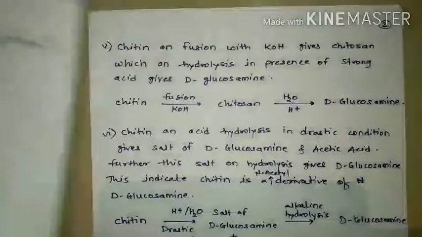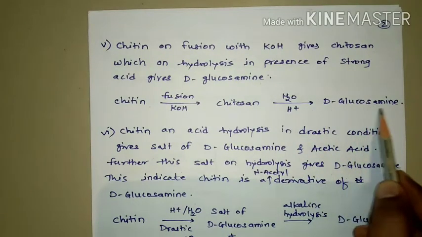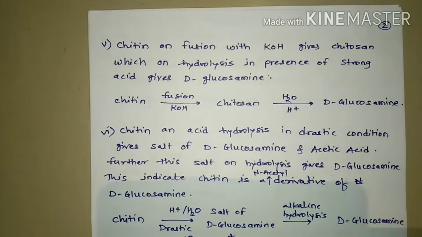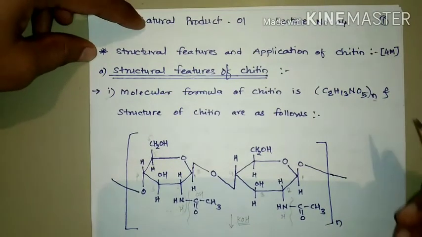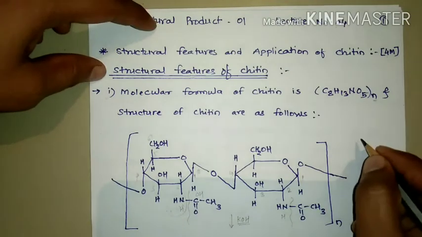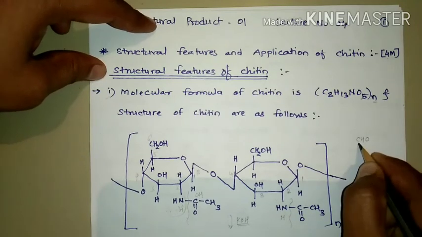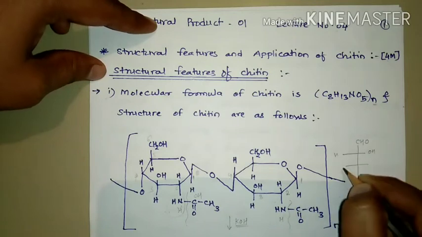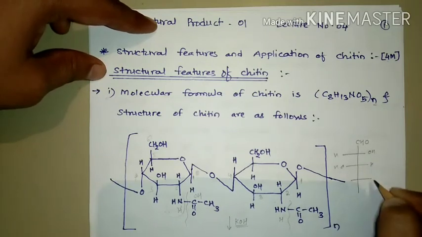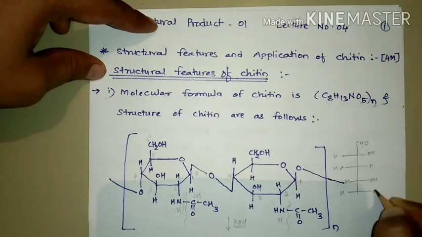Okay, after that acid hydrolysis takes place, then it gives D-glucosamine. As we know the structure of D-glucosamine, I already told you in my previous video. So what is the structure? As we know, the first position has a CHO group, second position HOH, third position OHH, fourth position HOH, fifth position HOH, and sixth position CH2OH.